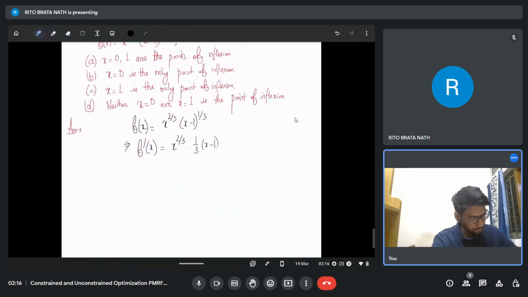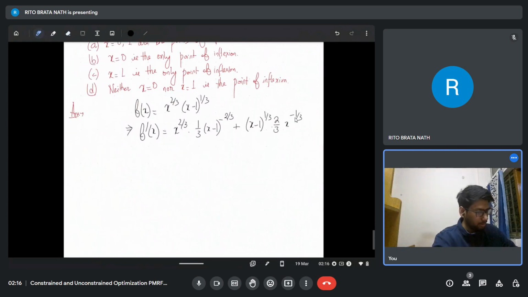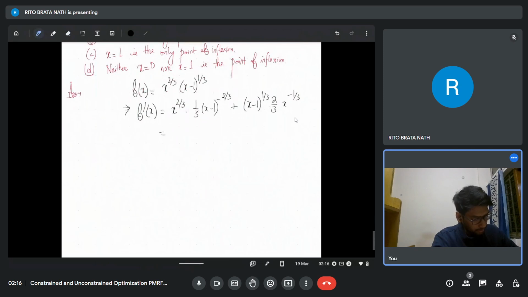So this will be plus, okay, so rearranging it, plus 2 by 3 x to the power minus 1 by 3 times (x minus 1) to the power 1 by 3, right?